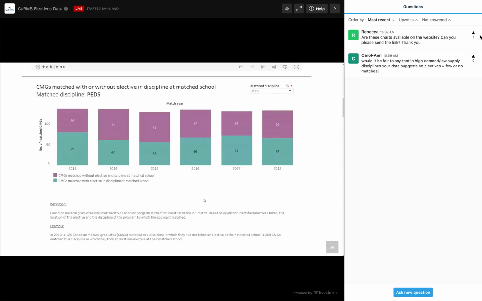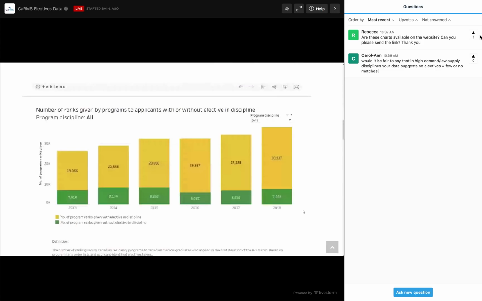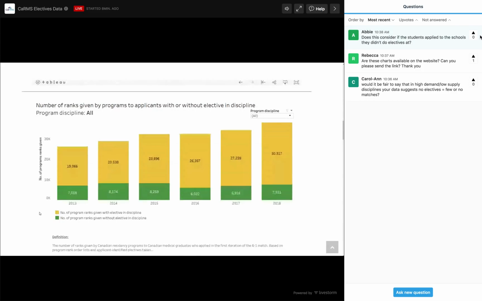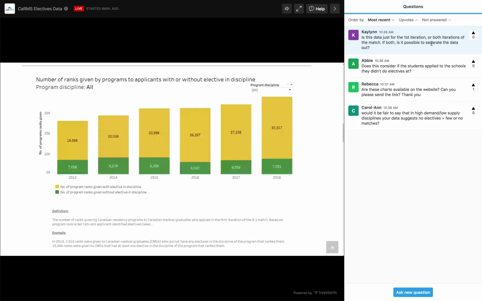Great questions. Okay, so we're going to move on now to slide 3, and now this is shifting to the ranking perspective. So in this case, you can see the definitions and the examples. This indicates the number of ranks given by Canadian residency programs to CMGs who applied in the first iteration, based on the program rank order list. The yellow indicates the ranks given with an elective in the discipline.